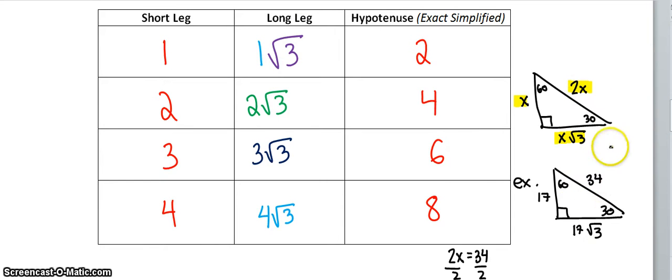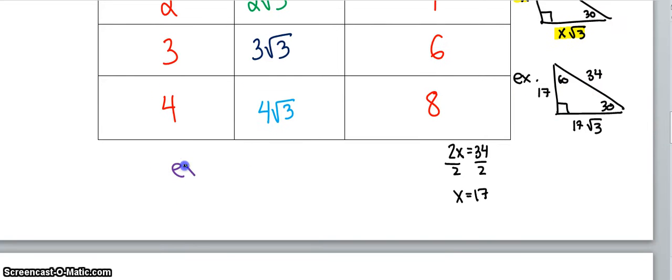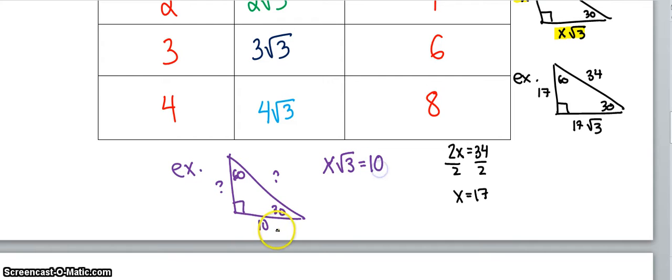Or if I knew this side only, let's say you had a 30, 60, 90 triangle. So this is 60, this is 90, this is 30. And I only knew that this side was 10, and I wanted to find these sides. If this is opposite the 60, I know the equation is x root 3 equals 10, because this side's equation is x root 3.